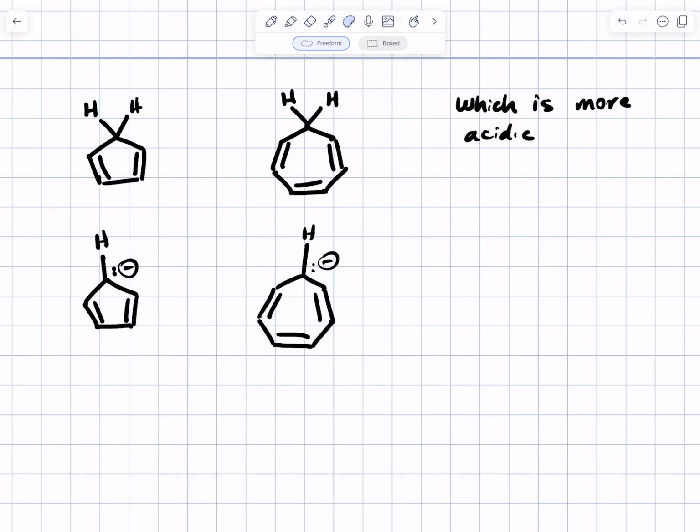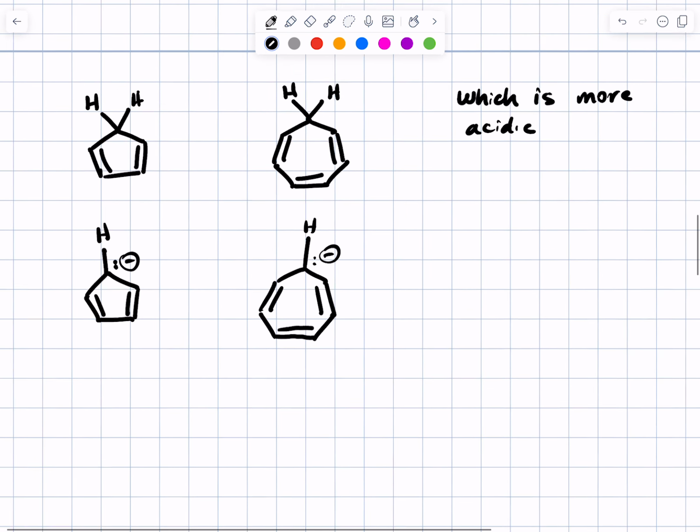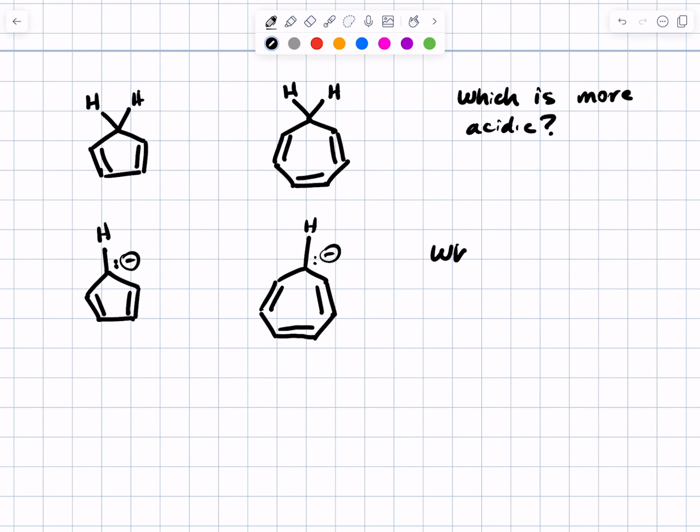Oh, now the 7-member ring looks sad. Still looks sad. Well, whatever. Okay, so the question of which of these is more acidic is the same question as which of these is most stable. So, what do you conclude? Which of these is most stable?